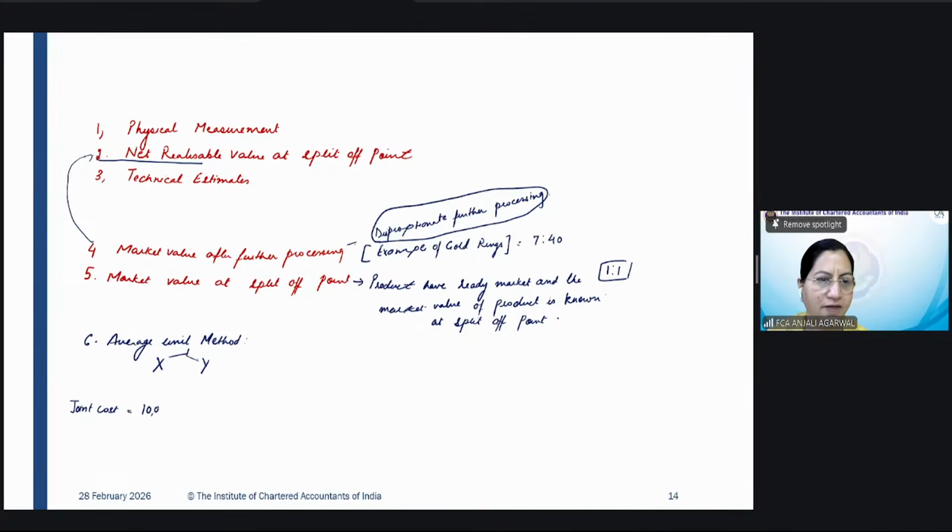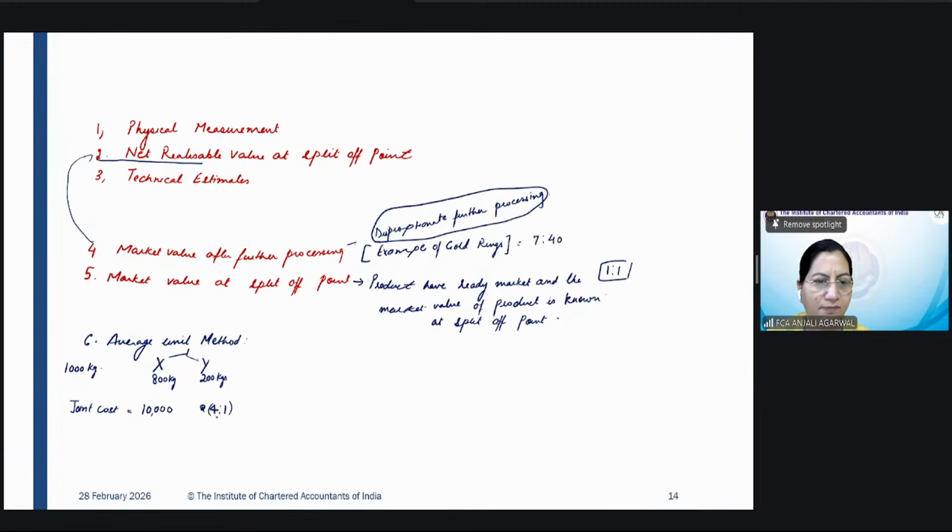Joint cost is 10,000 and you have two products, X and Y. Raw material was 1,000 kgs. 800 kgs was used on X, 200 kgs was used on Y. So if you would have gone for physical measurement, the ratio would have been 4:1.